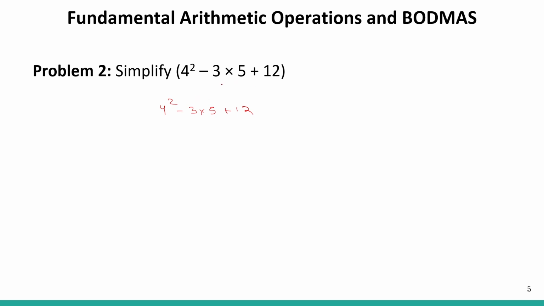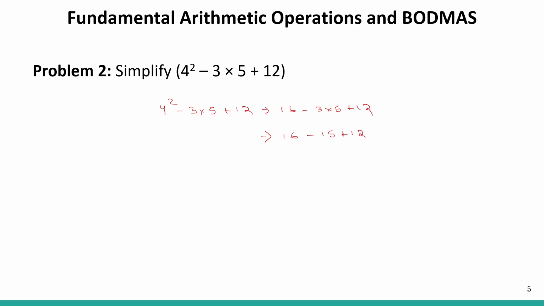Next we look for exponents. There is one, so it becomes 16 minus 3 into 5 plus 12. Then we look for multiplication. Are there any multiplication symbols involved? Yes, so it's 16 minus 15 plus 12.